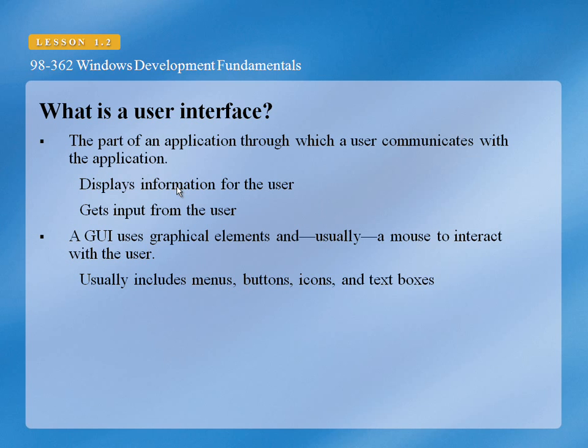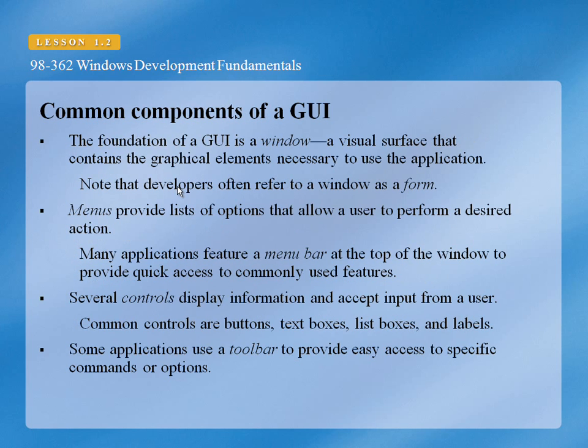Now we are going to another topic, common components of GUI. A GUI basically uses a Windows Forms application and shows a visual surface that contains graphical elements. A maximum number of developers refer to Windows Forms. A menu provides a list of actions to perform a desired task.